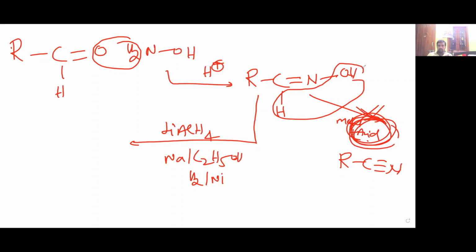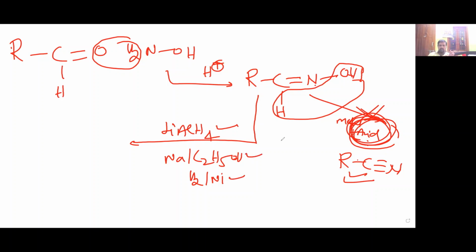Because of the strong acid, water is eliminated and it may form cyanide. But what do we have to prepare? Primary amine. So if you add metal acid, you cannot prepare primary amine because cyanide is forming. So you have to take lithium aluminum hydride, Na/C2H5OH, or H2/Ni.